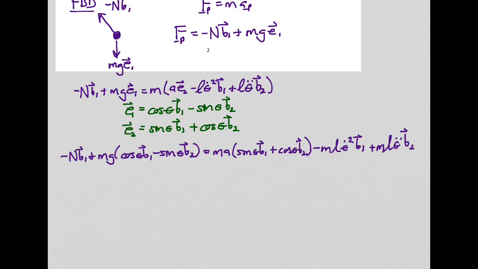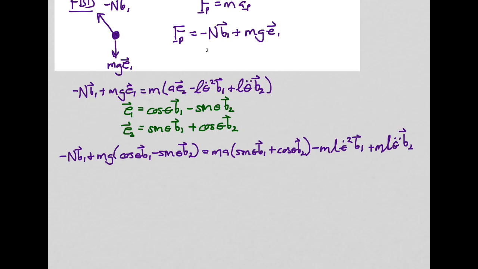Alright, so we've got one vector equation, and in the B1, B2 basis we can equate our coefficients to give us two scalar equations. For the B1 direction, we get minus n plus mg cosine theta is equal to ma sine theta minus ml theta dot squared.